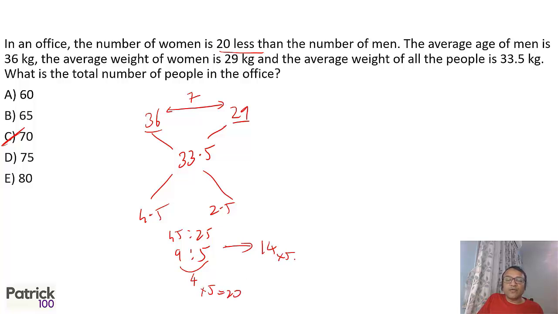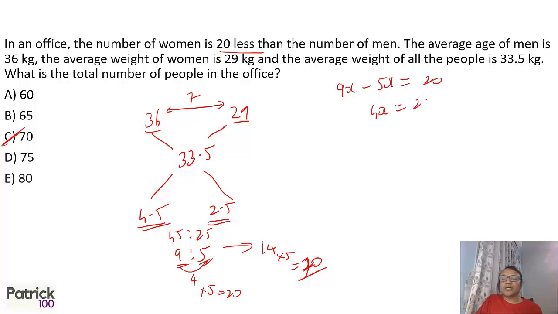So 14 into 5, the total has to be 70 people. C option. I repeat, do alligation, we get a ratio of 4.5 and 2.5, or 9 is to 5. You can also do 9x minus 5x equal to 20, the difference between people. 4x is 20, x is 5. Total number of people is 14x, which is 14 into 5, which gives you 70. That will be the answer.